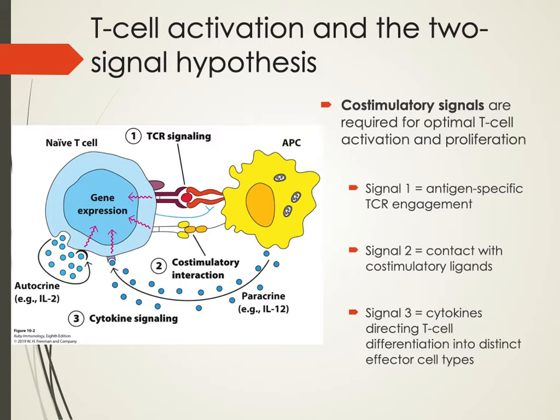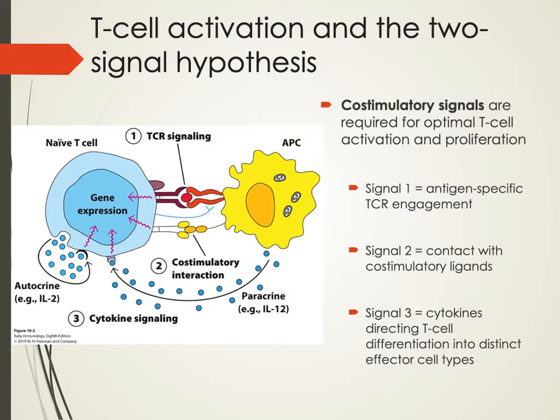For your second signal, again, this is going to be co-stimulatory molecules that are going to bind to each other. You're going to have co-stimulatory molecules on the APC, antigen presenting side, and also on the T cell side. And when you have those two signals, that causes gene expression change. And so we also are having cytokine signaling from our other cells, but then we're also having autocrine expression of cytokines that feed back to the cell itself.